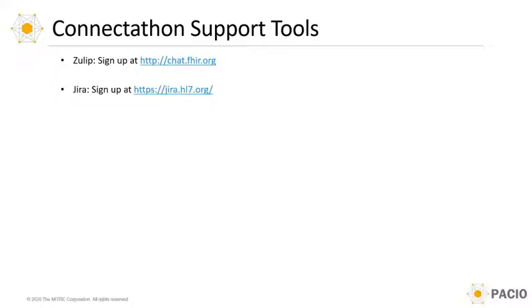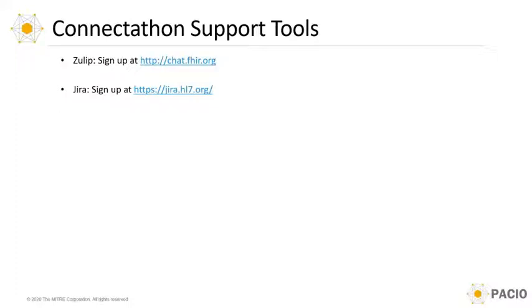As part of the Connectathon, there's a variety of ways that we can communicate with each other and also to track issues. Zulip is the tool that HL7 has chosen for doing chat support. Zulip has a number of different streams.